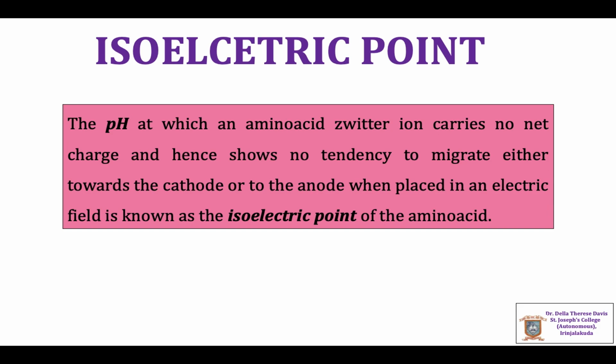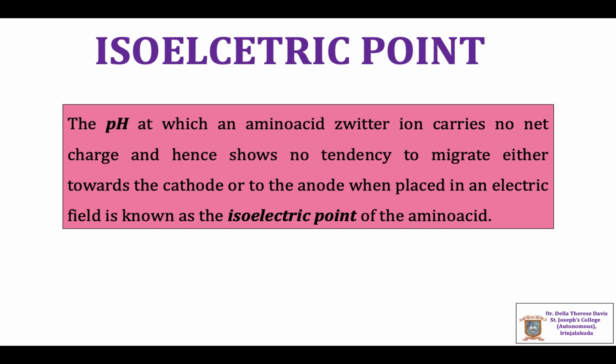The pH at which an amino acid zwitter ion carries no net charge and hence shows no tendency to migrate either towards the cathode or to the anode when placed in an electric field is called the isoelectric point of that amino acid. If the amino acid is positively charged, it has a tendency to migrate towards the negative electrode. If it is negatively charged, it has a tendency to migrate towards the positive electrode.